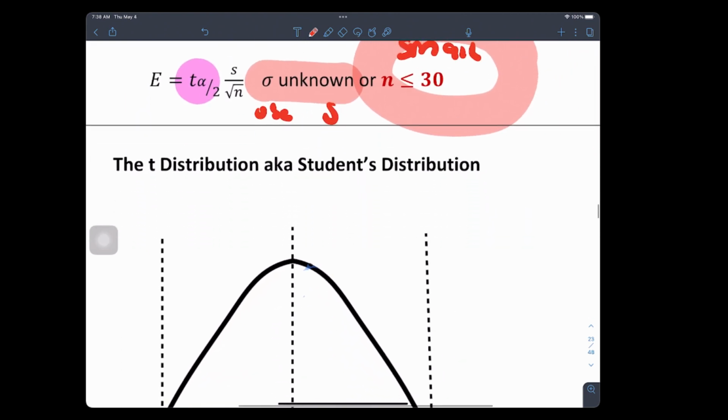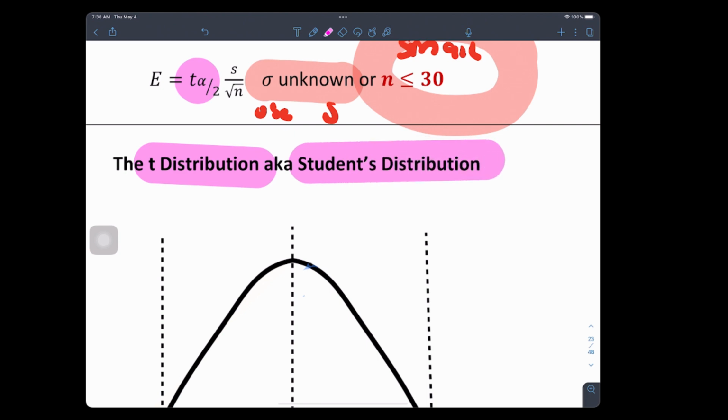And then you go, what is t? Well, you know what t is called formally? t is formally known as the student's distribution. It's a t distribution.